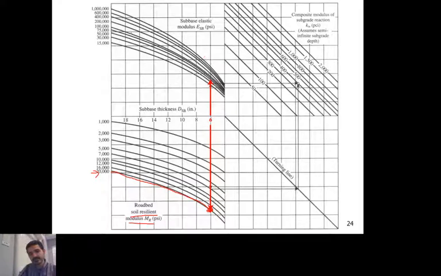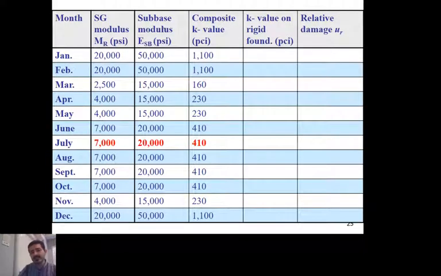And 50,000 for the sub-base is the third line here, which goes all the way until it hits this point. Then we draw a horizontal line to the turning line until they meet at a certain point, and that point would be the K infinity value for this month, which was 1100 PCI. That's the number right here. You're going to do this for all 12 months.